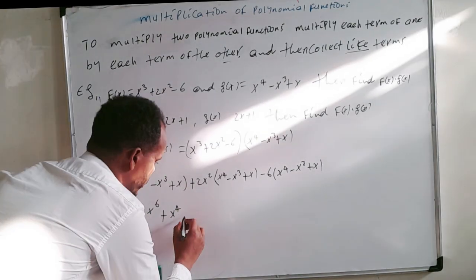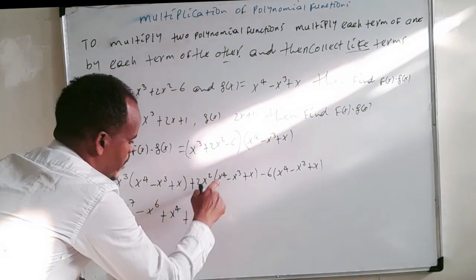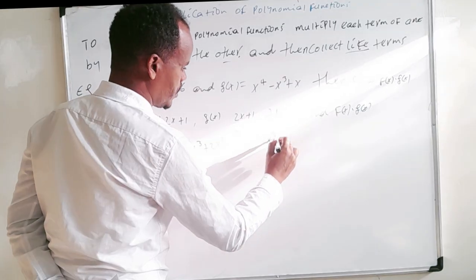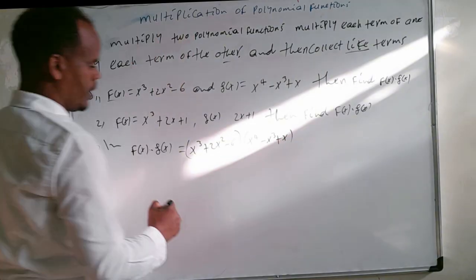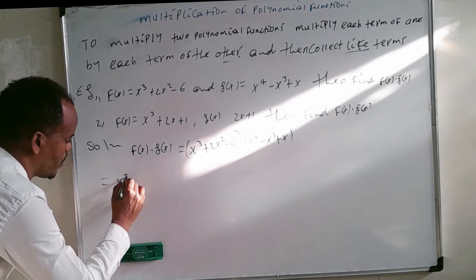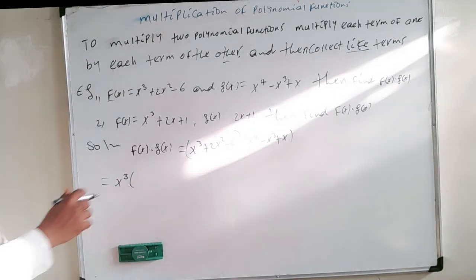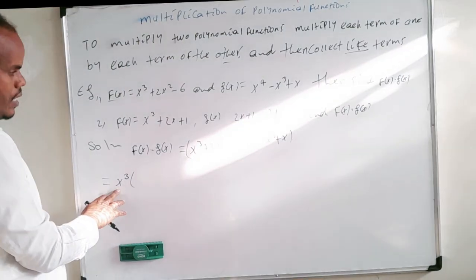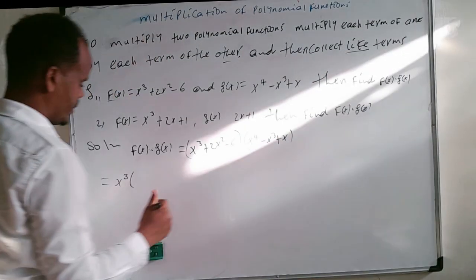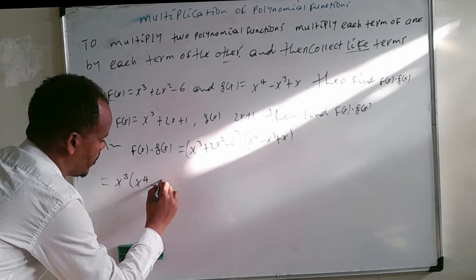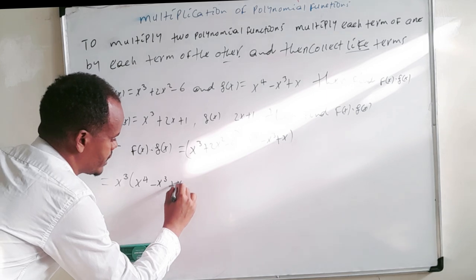And here is 2x square. 2x square of 3 minus g of x is x to the power of 4 minus x to the power of 3 plus x. Then this is equal to x to the power of 3. That means multiply each term of the first by each term of the other, which is x to the power of 4 minus x to the power of 3 plus x.